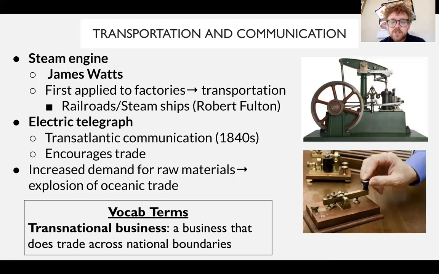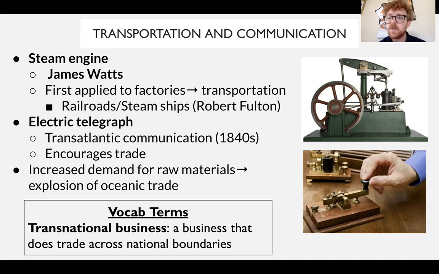So we are going to see changes in how production is done, but we'll also see changes in how business is done. So let's first look at the steam engine, because that will have two impacts. One, the steam engine is going to impact production, is going to move factories away from natural power sources like wind, like water, like animal, like human power. And it is going to move factories inland.